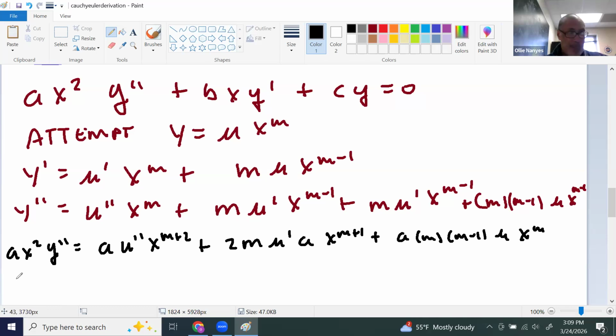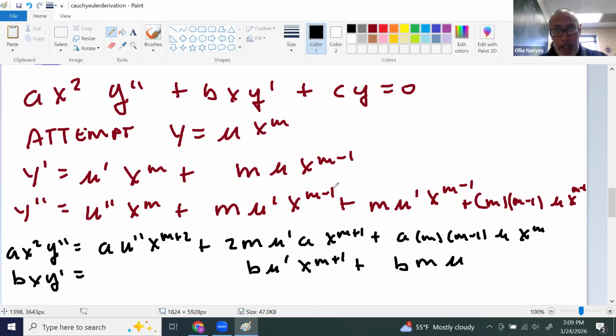Then we go b x y prime is equal to, now I'm going to line these up as perfectly as I can, b u prime x to the m plus 1, plus b m u, then we have x times x to the m minus 1.